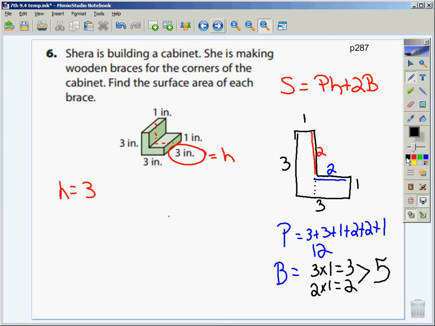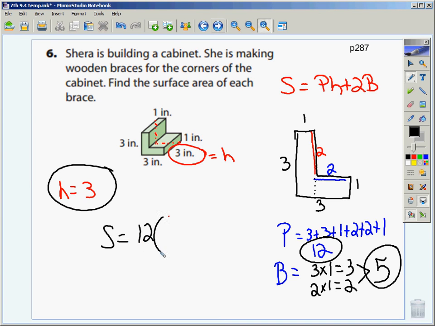Listen, once I have this number, P, I have this number, B, and they gave me this number, H. What do I have left to do? Put them into the formula. S equals, what do I put in place of P? 12. What do I put in place of H? 3.